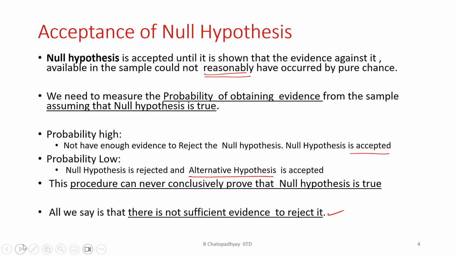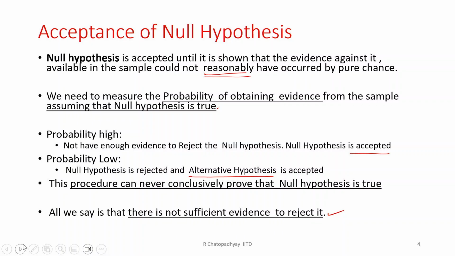It is something like in a court of law, a criminal is assumed to be innocent until he is proved guilty. So as long as he is not proved guilty, he is let off. There is no need to prove whether he is innocent or not. The question is whether there is enough evidence to prove that he is guilty.